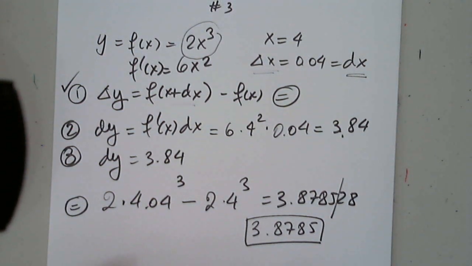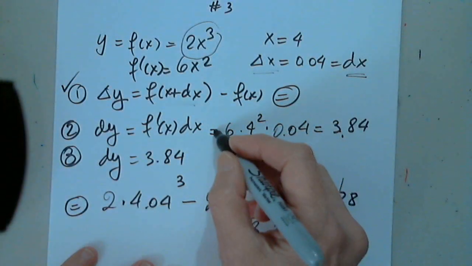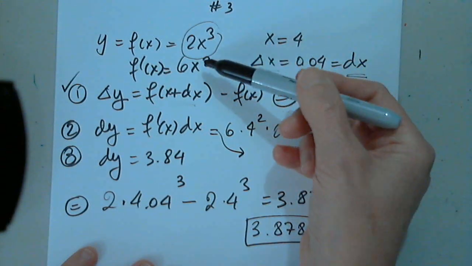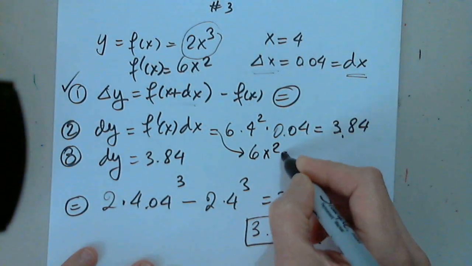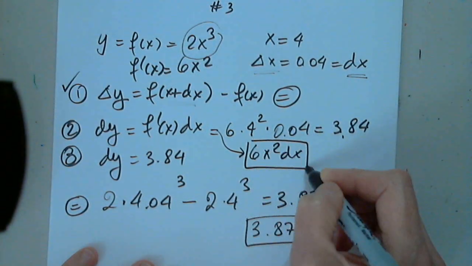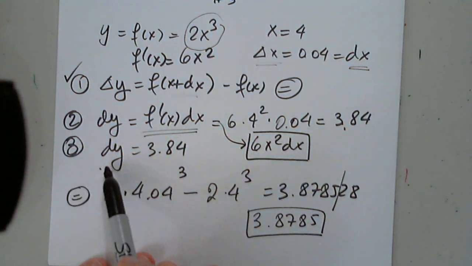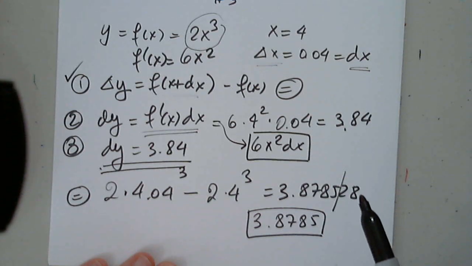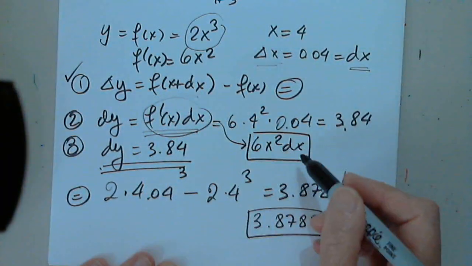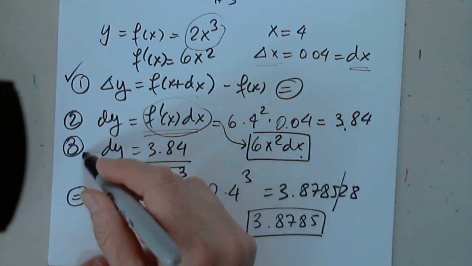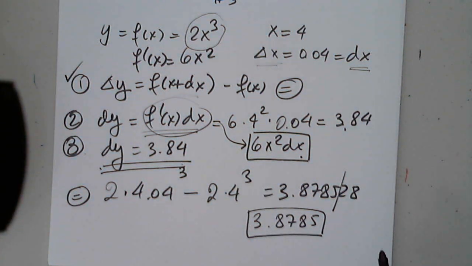So in part B, they only want us to write it as 6x squared dx. That's it. That's what they want for part B. For part C or 3, they want us to calculate. So for this, they only want this. And only in part C or the third part, they want the value.